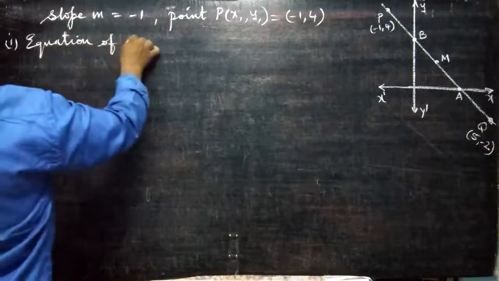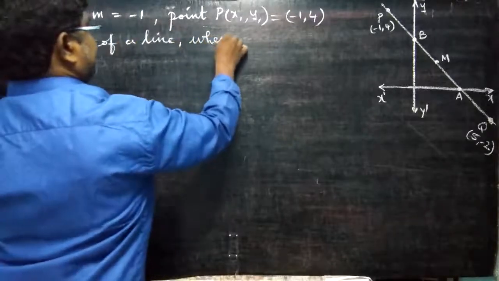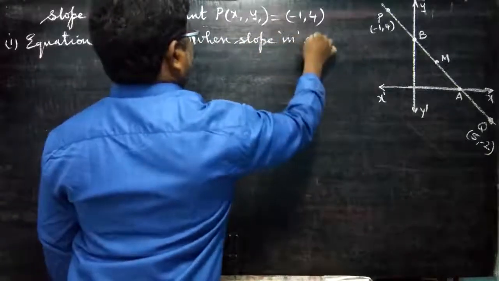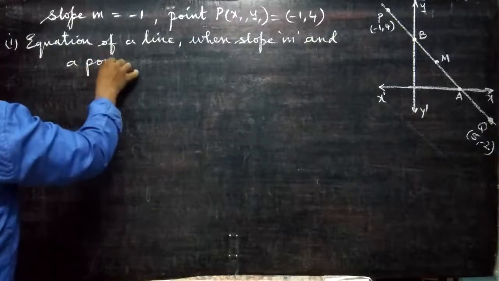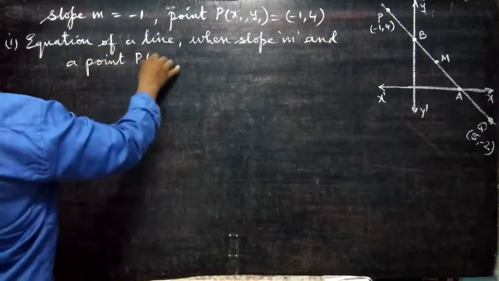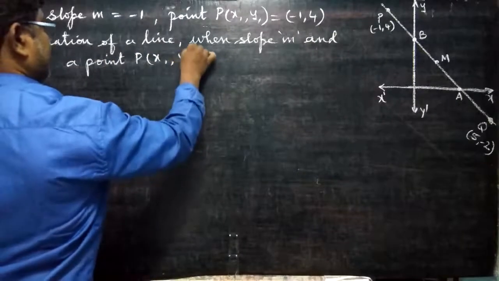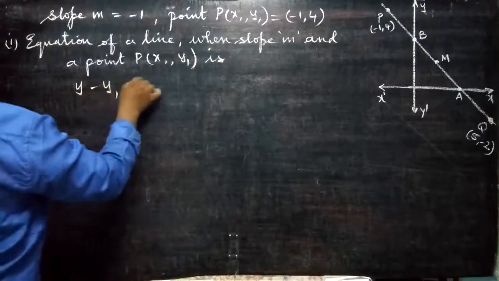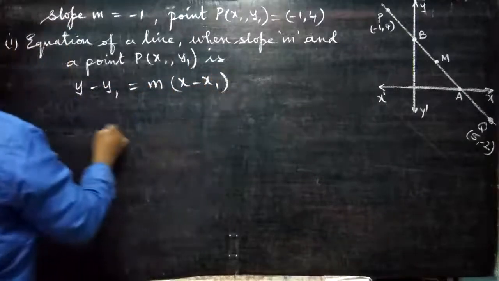What is the equation of a line? When slope M and a point P (x1, y1) are given, it is y minus y1 is equal to M into (x minus x1).